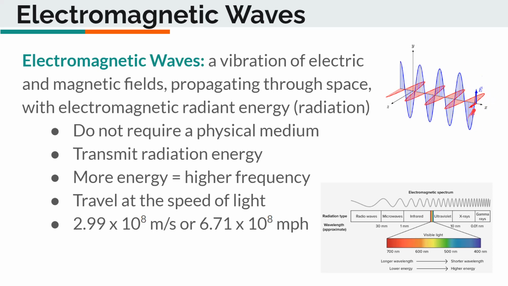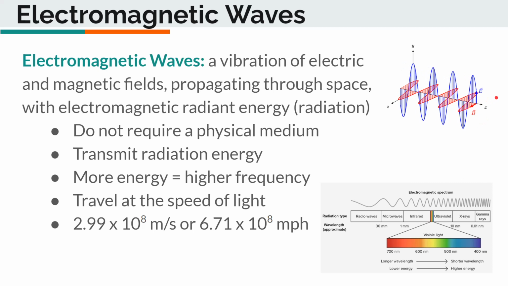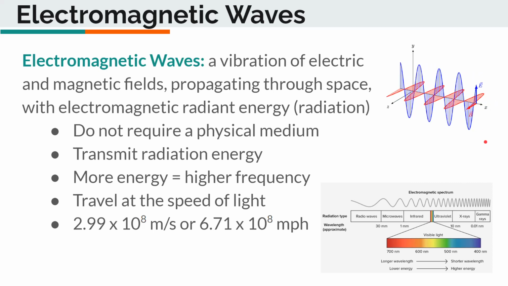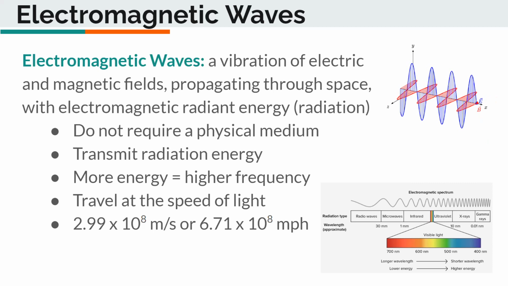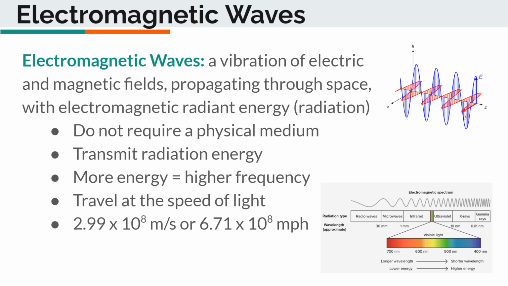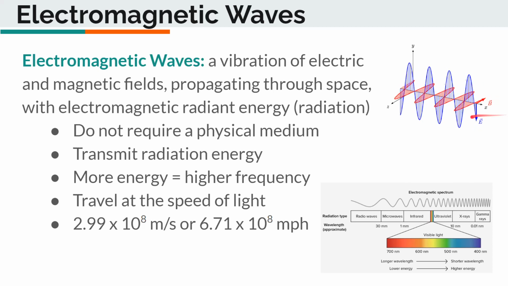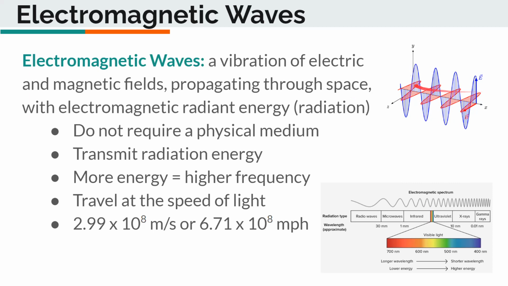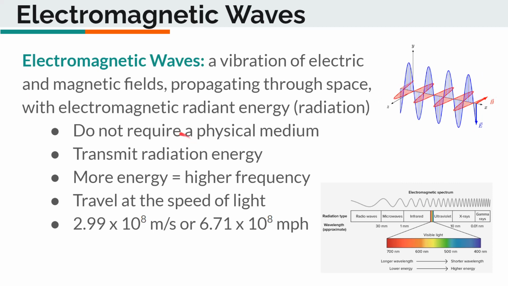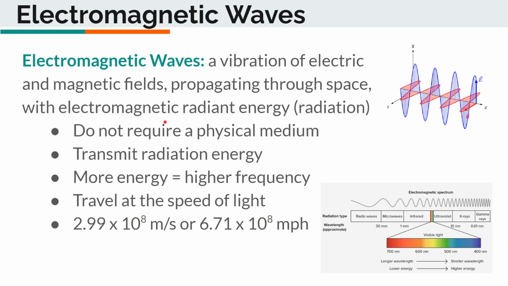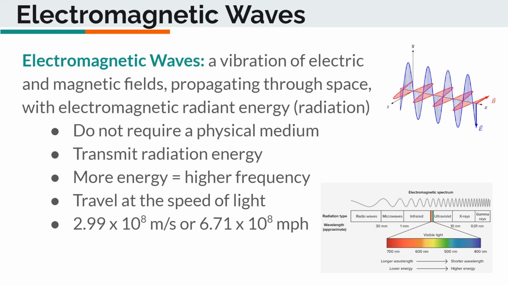In this particular image, the red wave represents the magnetic field oscillations, and the blue wave represents the electric field. You can see how these are oscillating as this wave propagates. We still have this same type of back and forth motion due to the changes of this field. Electromagnetic waves do not require a physical medium. So again, they can travel through the empty void of space.